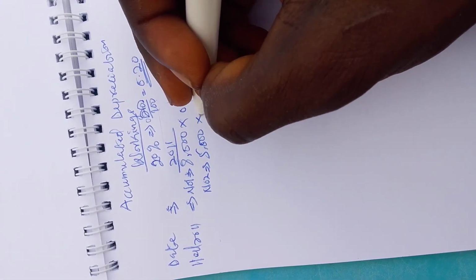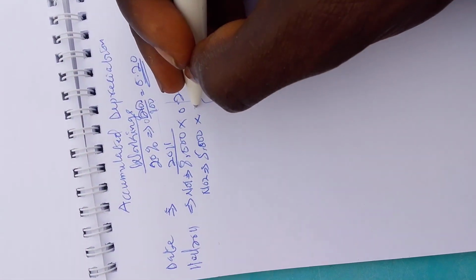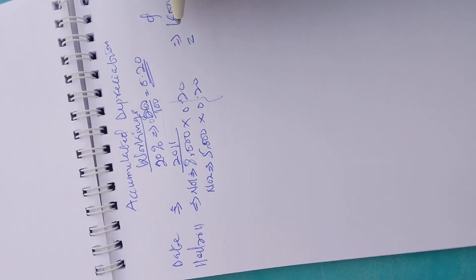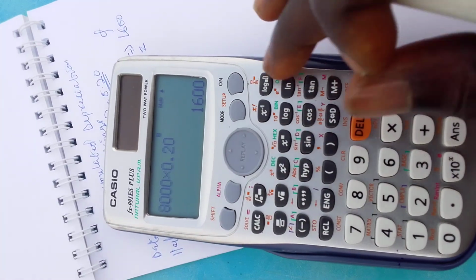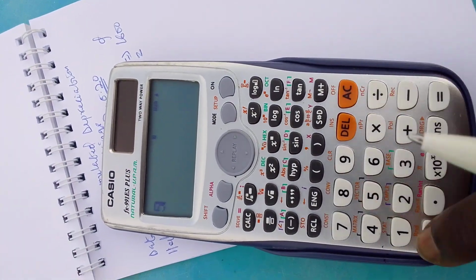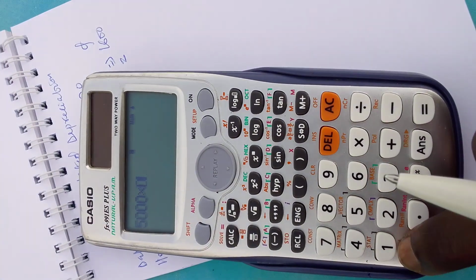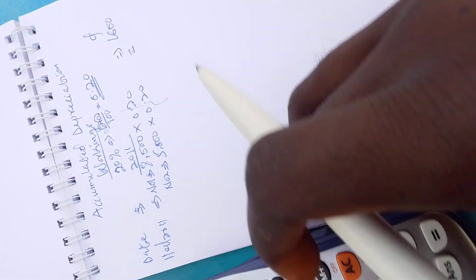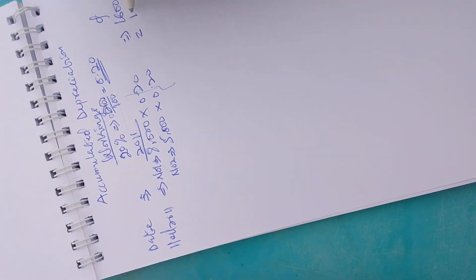So 5,000 multiplied by, it was also used for the full year, 0.20, which is equal to, calculator, 5,000 multiplied by 0.20 equals 1,000 Ghana cedis.